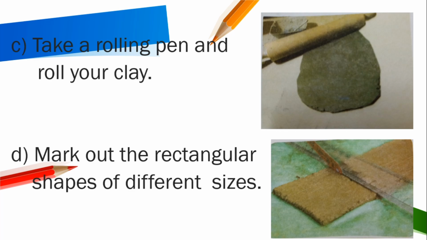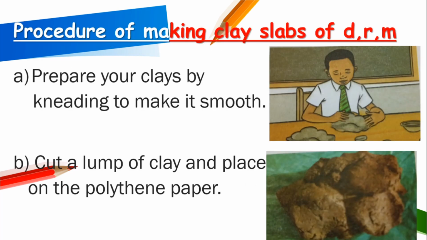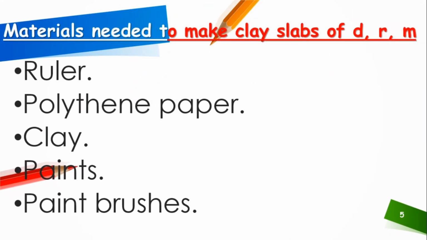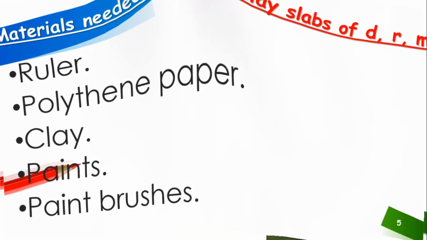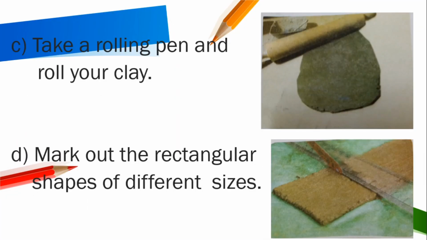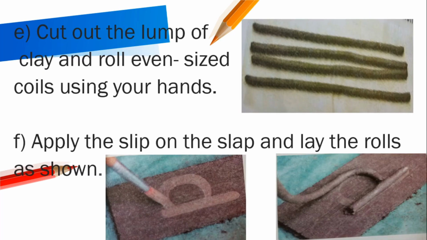Remember we said that there are some materials displayed up there. Which of those will you use to mark? Yes, one of them is the ruler. We will use that one to mark. Are we together, boys and girls? Yes.